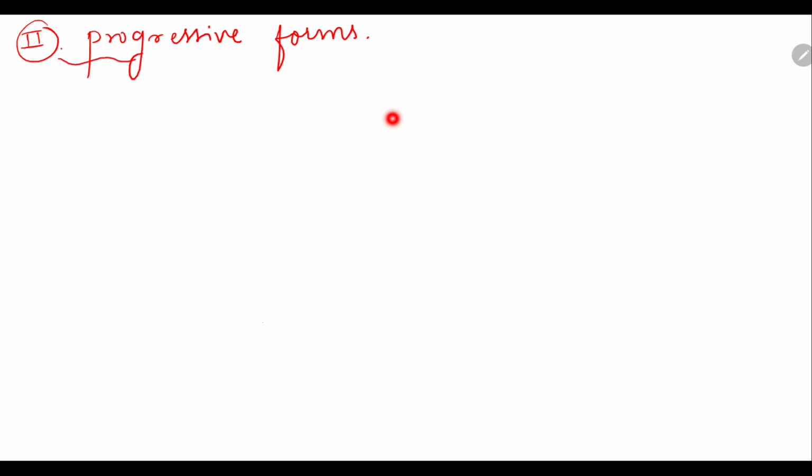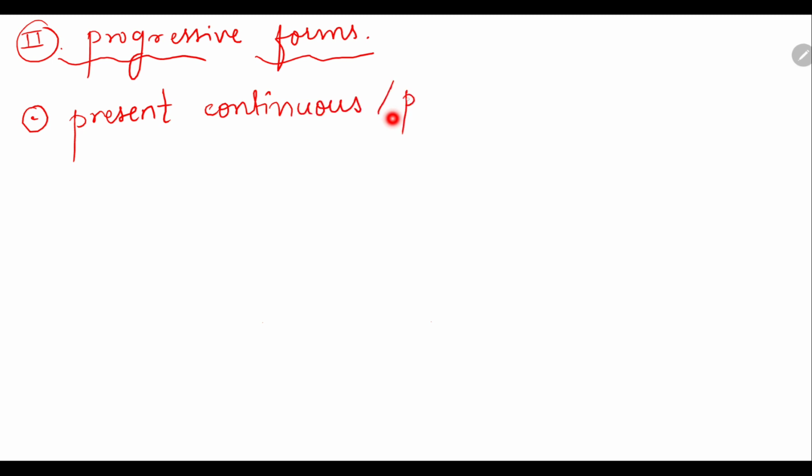Okay, in this you have to write the first one, that is present continuous or progressive tense. Present continuous or progressive tense.